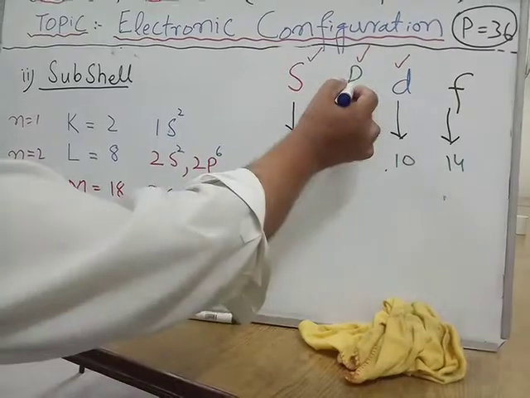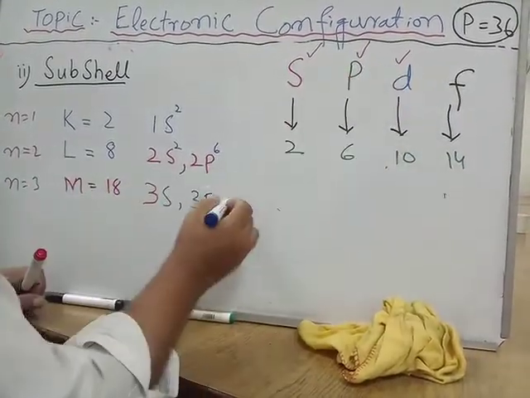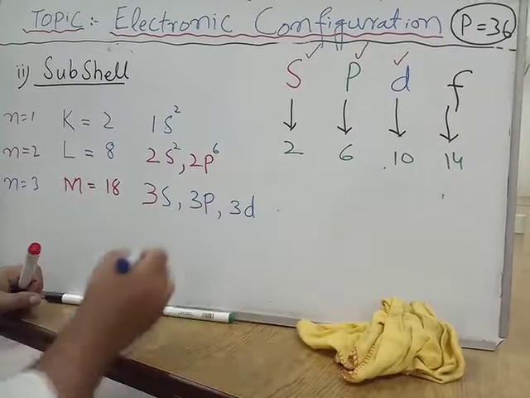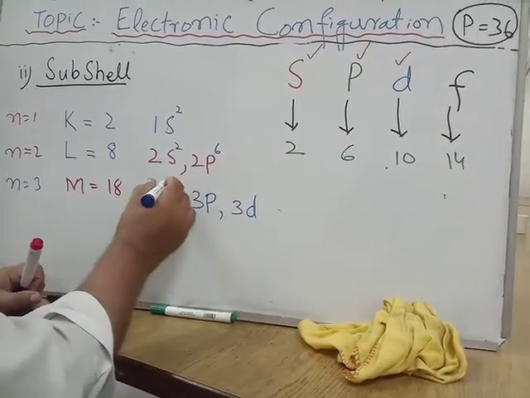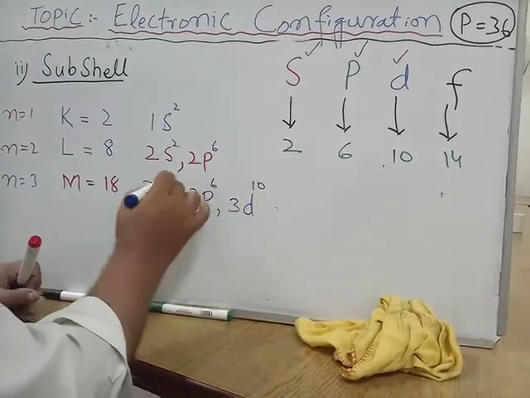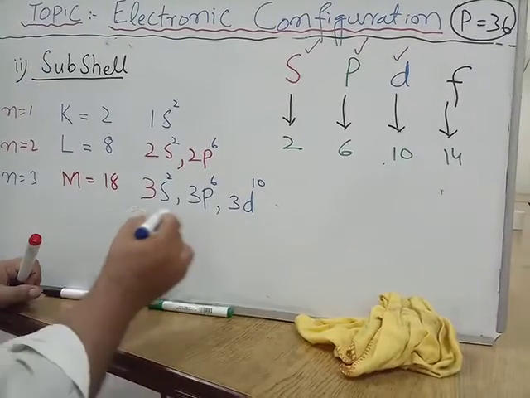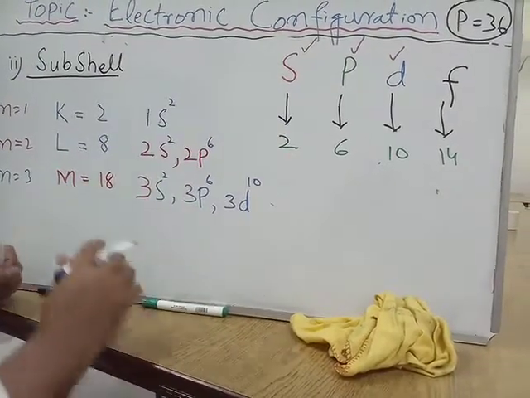Similarly, 3P and 3D. S can accommodate a maximum of 2, P 6 and D 10. 2 plus 6, 8, 8 plus 10, 18. So this is for 18 electrons.